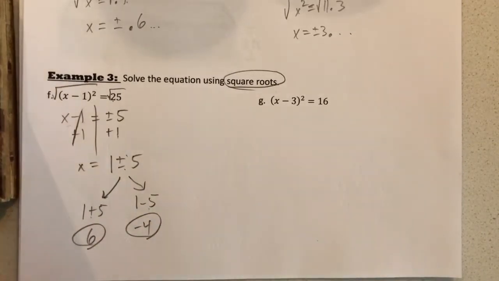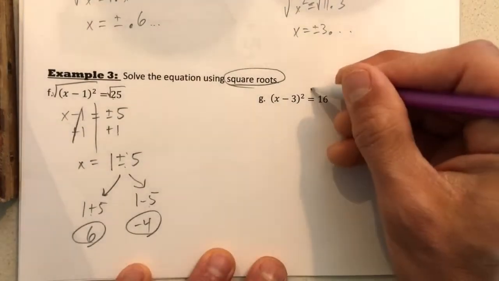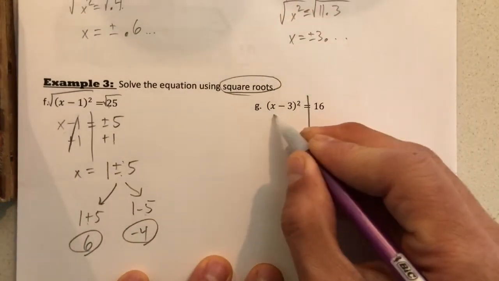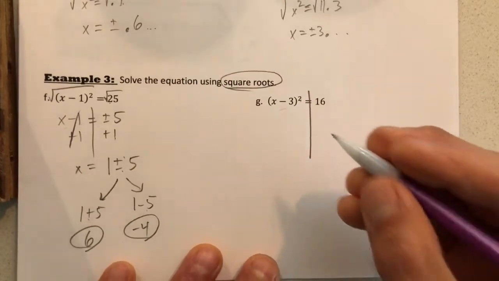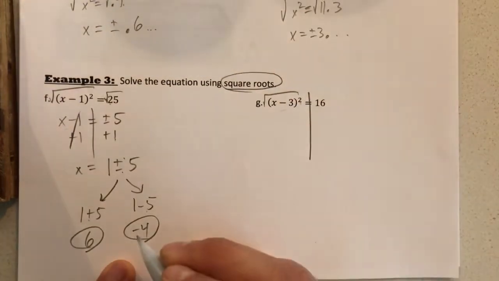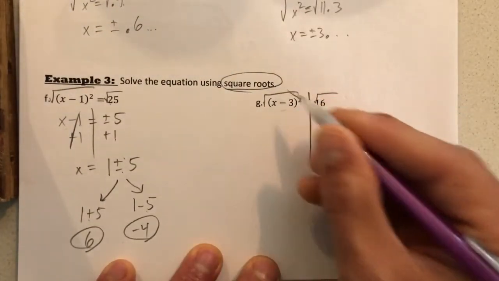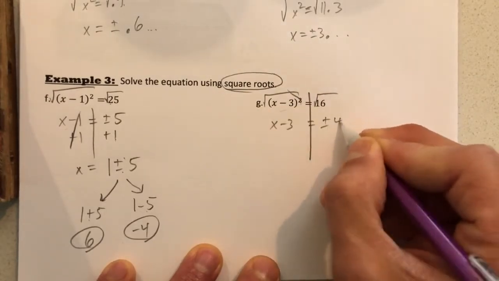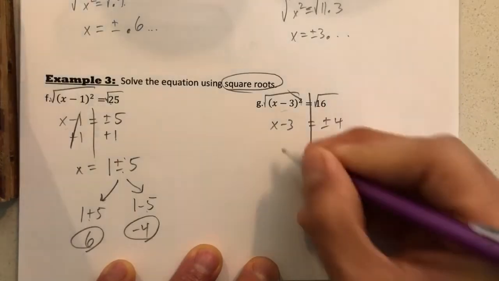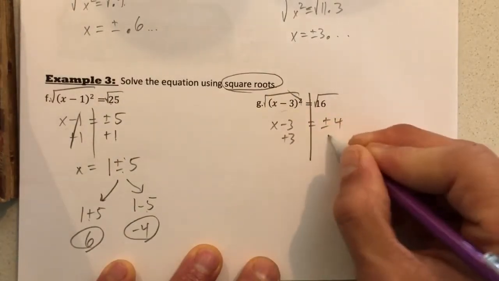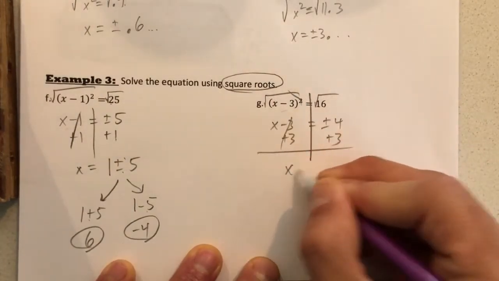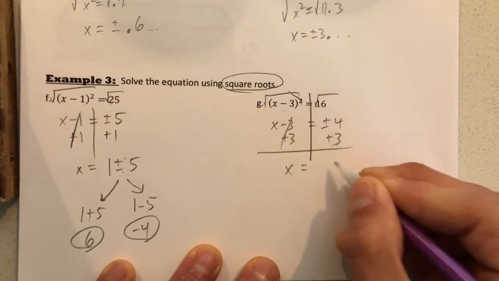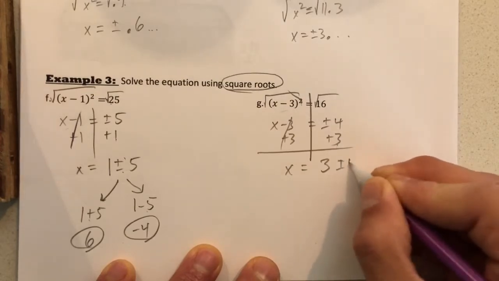Let me show you one more time. The squared is locking all that stuff in there. It's blocking those parentheses. So we have to get rid of the squared first. And it cancels the squared. So we get x minus 3 is plus or minus 4. We add the 3. And we get a positive 3 plus or minus 4.